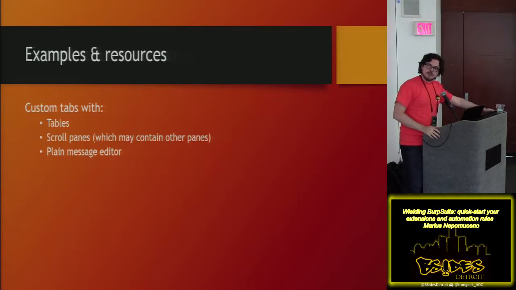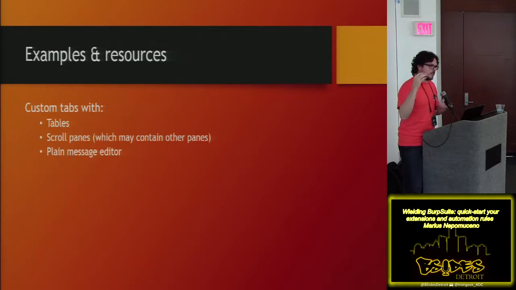So, some examples of what you can do with extensions. Obviously, I've been talking about it this whole time: custom tabs. Within those tabs, you can use Java elements to create tables. You have nice rows and columns and resizing and all that jazz. You can have scroll panes, so if your table gets super long, you can scroll down to see the data. You can have a plain message editor.